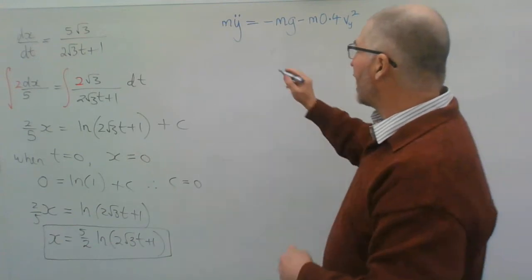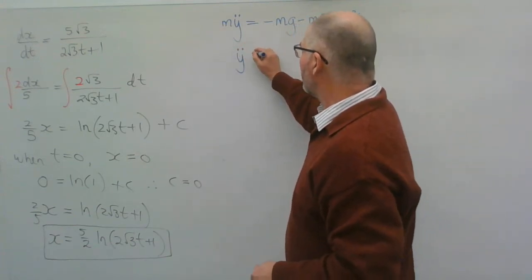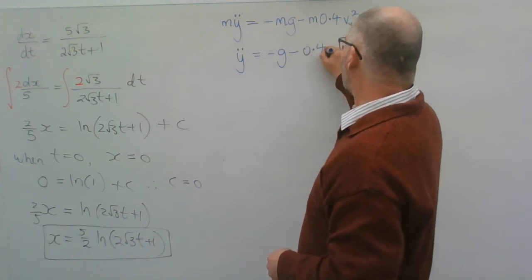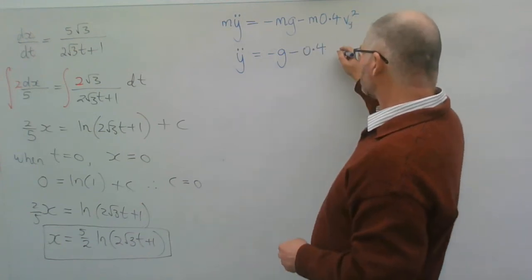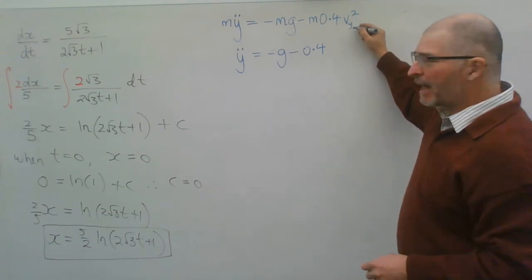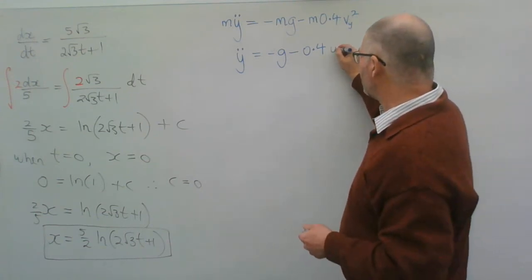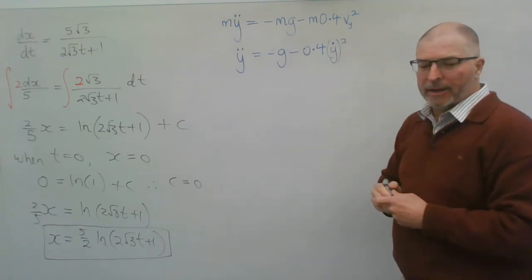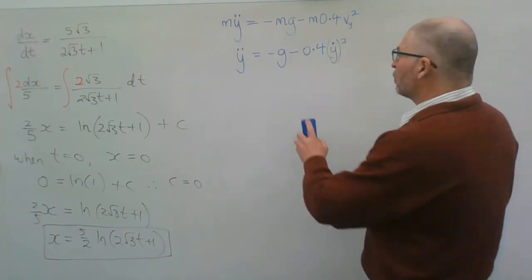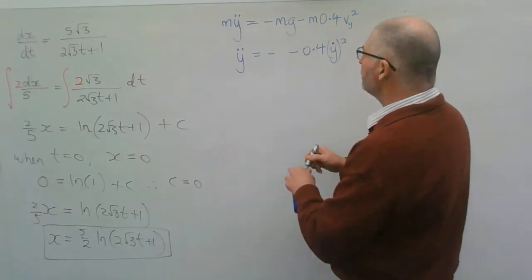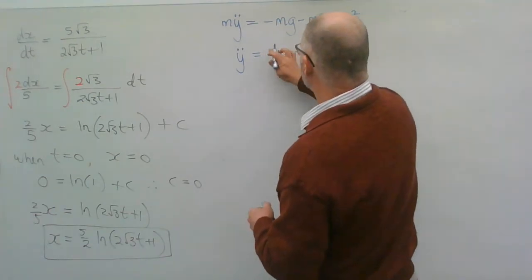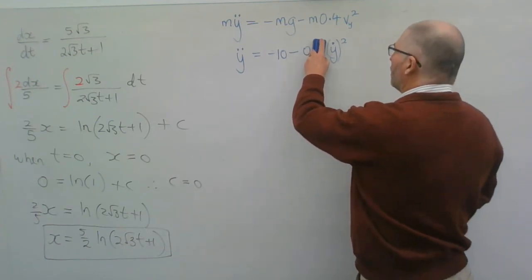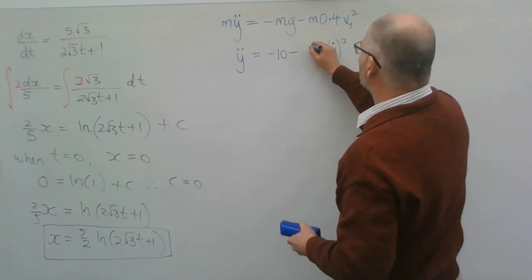I can divide by m and get y double dot equals minus g minus 0.4, and instead of v subscript y, I'll just call it y dot since it is being squared. Now instead of g, of course, I can put 10. And instead of 0.4, I can put 4 over 10.